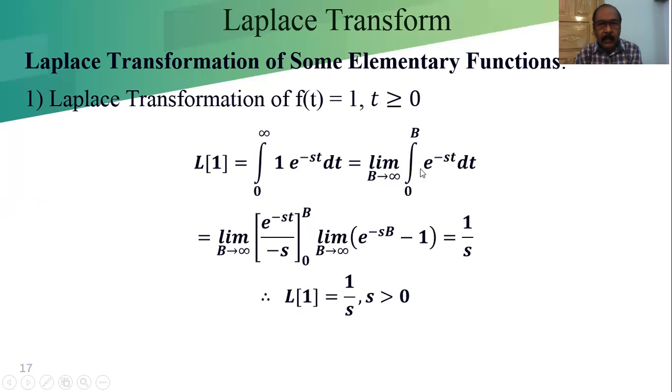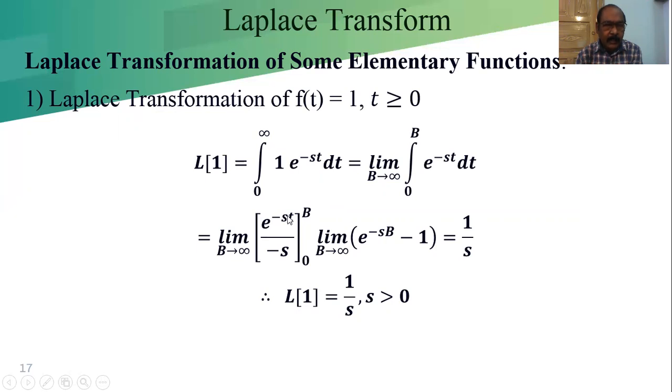Now we know the integration of e to the power minus st dt is e to the power minus st divided by minus s, and the limit is 0 to b, and outside, the limit b tends to infinity. Whatever result we get from that, we have to find the limit as b tends to infinity.